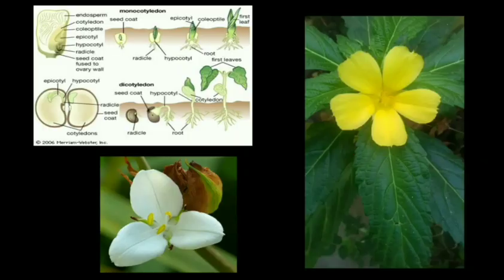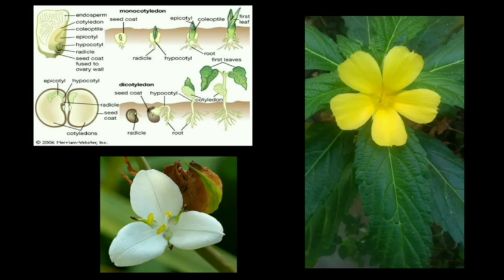Here you can see the picture of monocotyledon and dicotyledon. Here I have shown you the picture of monocot and here is the dicot picture. And next here is the pentamerous flower. In dicotyledon you saw that the flowers are tetramerous or pentamerous.